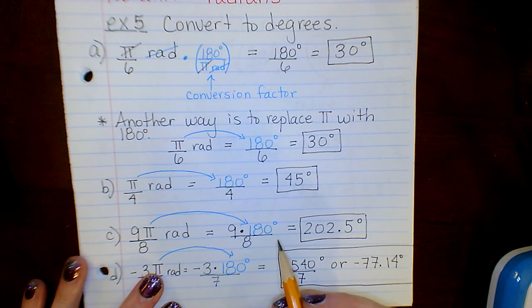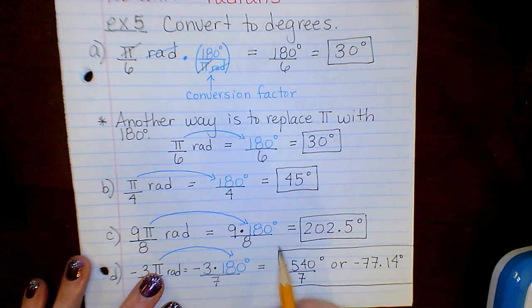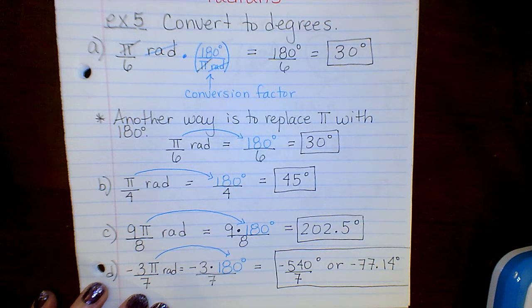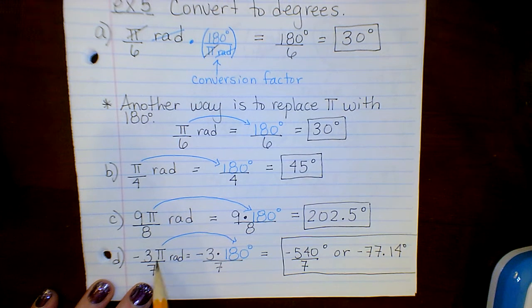You'd have to break out the calculator here, multiply 9 times 180, and then divide by 8, and you get 202.5. I would encourage you to grab your calculators, pause the video, and do these computations with me just to make sure that you can get the same numbers that I'm getting. Okay, so all I'm doing is replacing pi with 180 degrees and then doing that computation on the calculator.